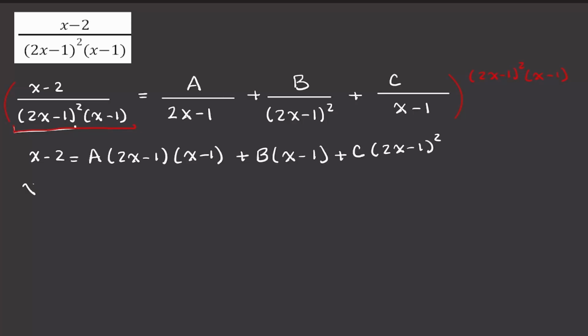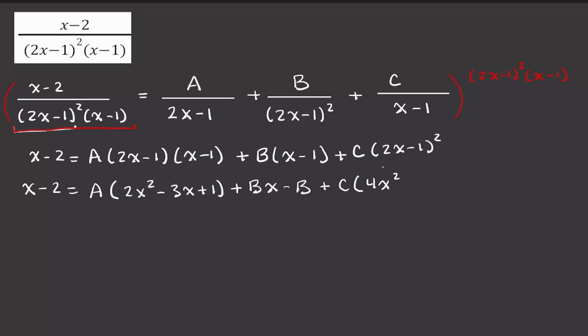So now we expand our factors. We get a times 2x squared minus 3x plus 1, plus, we expand the b, so bx minus b, plus c times 4x squared minus 4x plus 1.